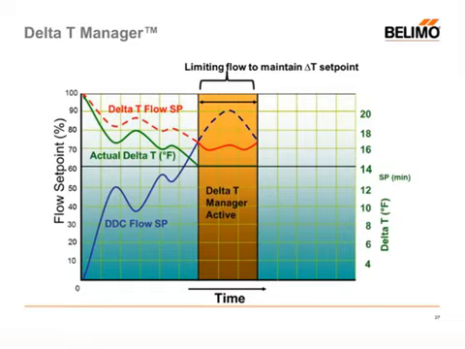You can see our red line is now a solid line because that's what we're following as our delta T. And this dashed line is where the DDC signal would have taken the valve had the Delta T Manager not taken over. So our delta T starts to rise from around 12 degrees up to 14 degrees.